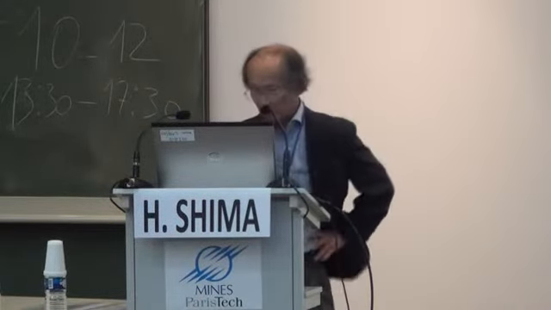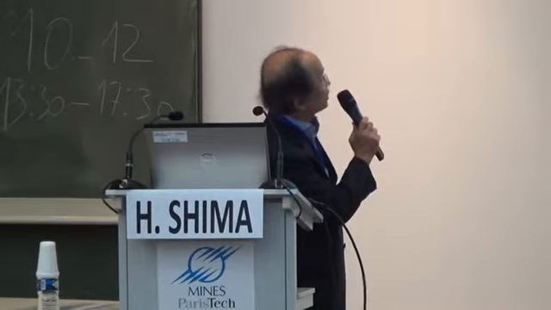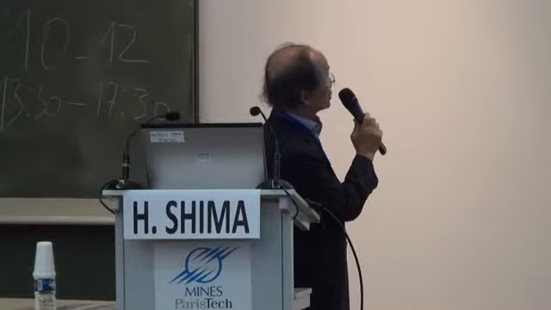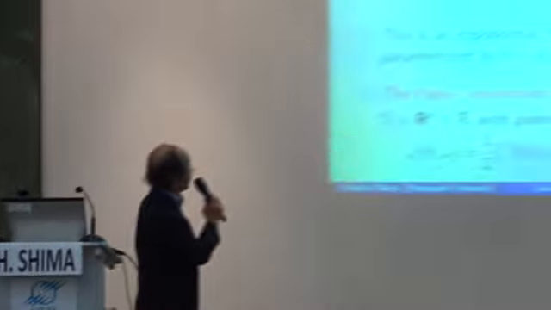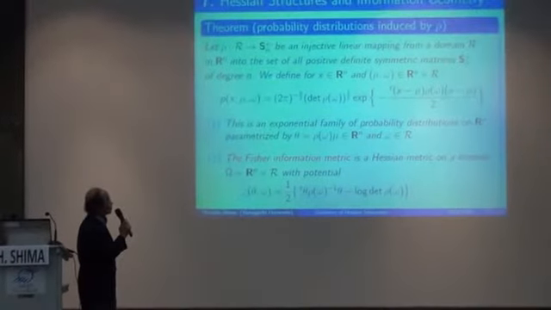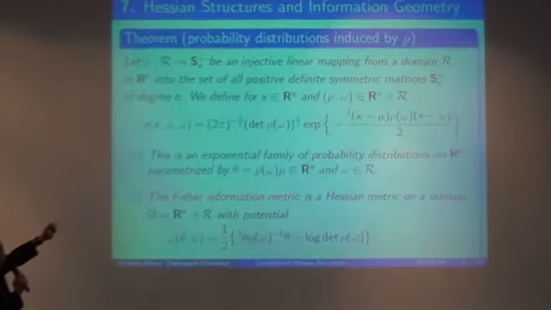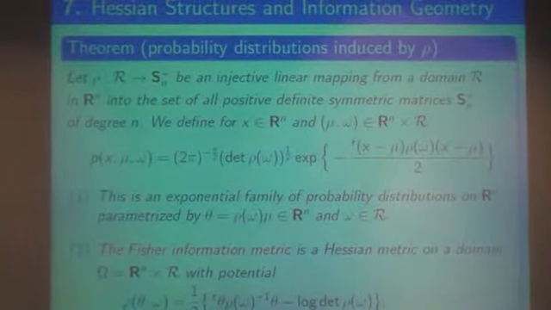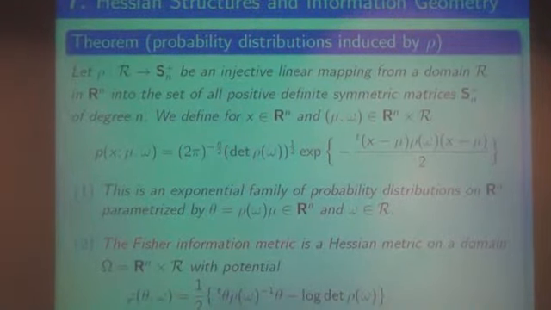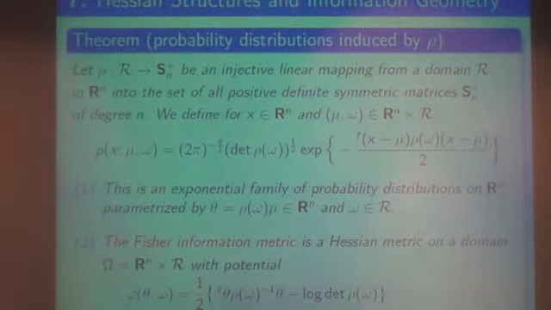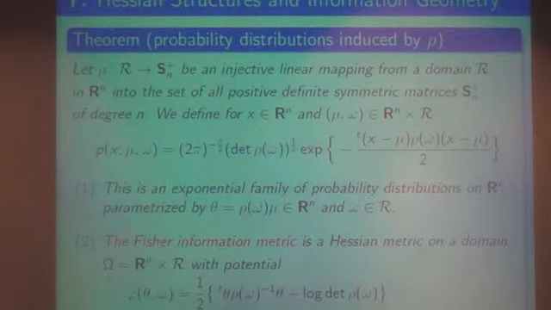Probability distribution induced by ρ. Let ρ be an injective linear mapping from a domain Ω in R^n into the set of all positive definite symmetric matrices Sym^+_n of degree n. We remind that the set of all positive definite symmetric matrices is a typical example of a homogeneous self-dual cone.